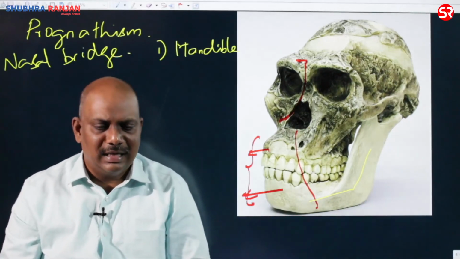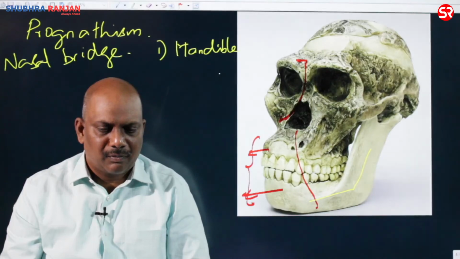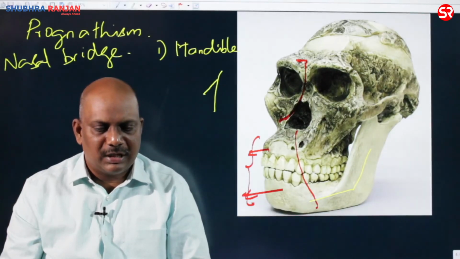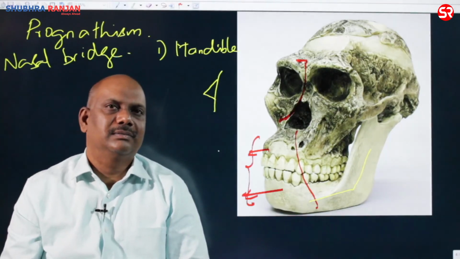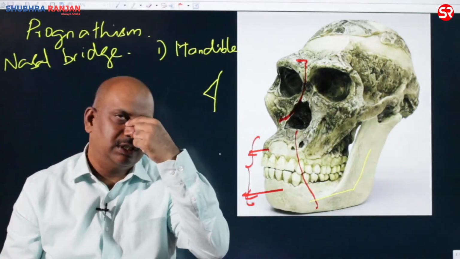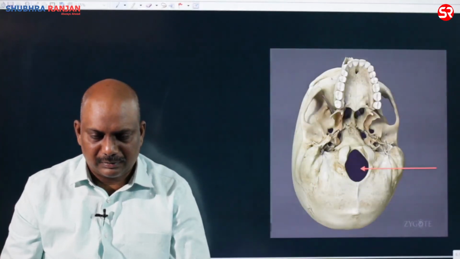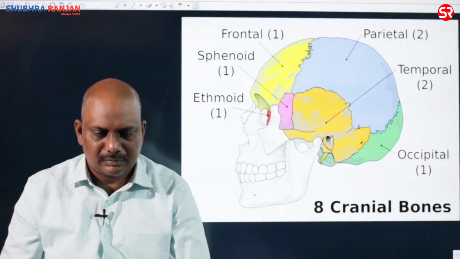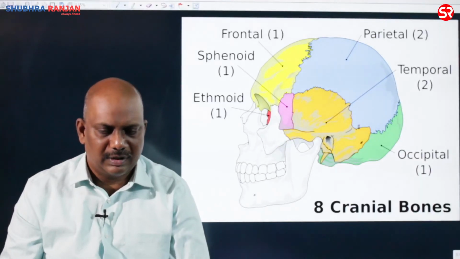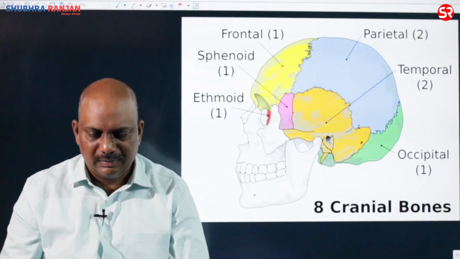For us, the nasal bridge projects forward from the surface of the face like this. You can see in this picture. It's not so clear here, just leave it.